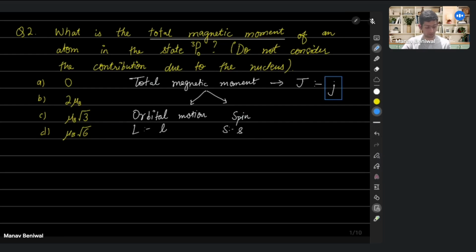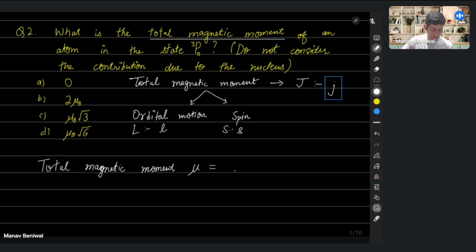Once we have J, we can write the total magnetic moment, let's denote that by mu.